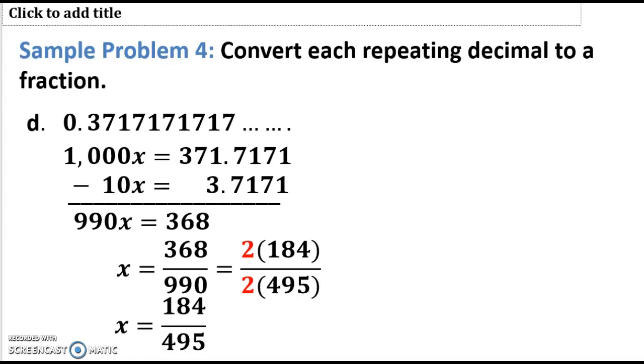Then I took 1000 minus the 10, which normally would be a 1, but because the 3 does not repeat, I had to multiply it so that I could get the repeating part to cancel out. So I got 990 when I subtracted, and on the right-hand side, I got 368. I then divided both sides by 990, and then I reduced to get 184 over 495.